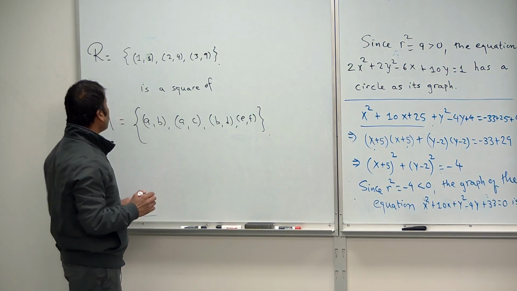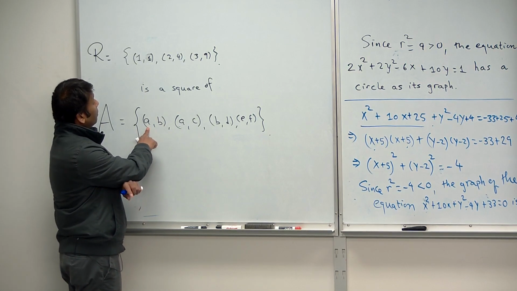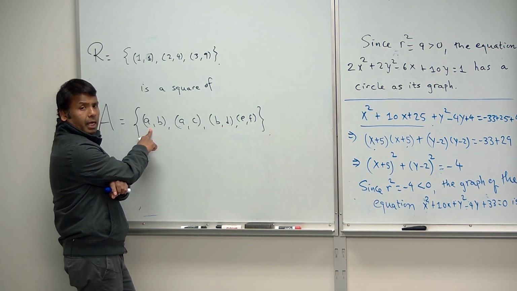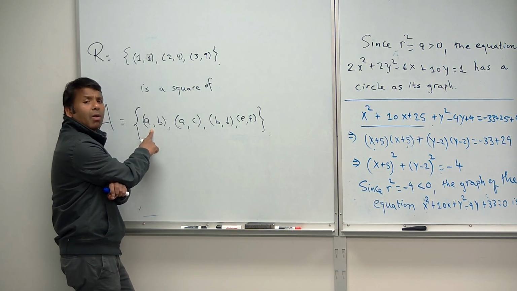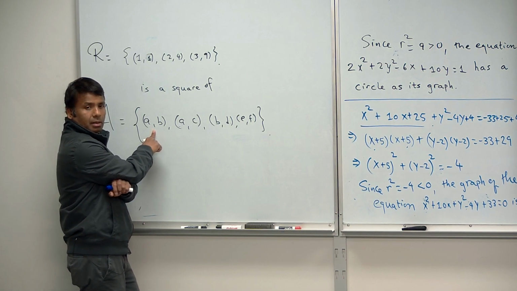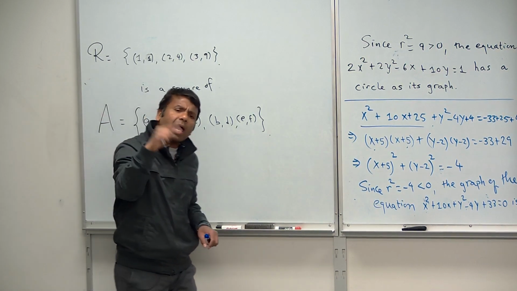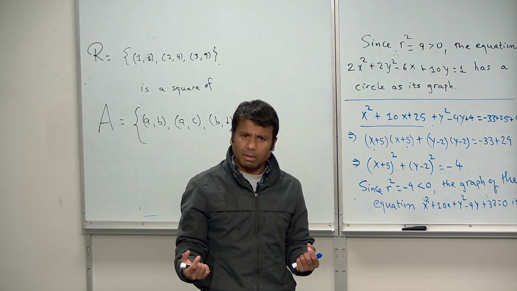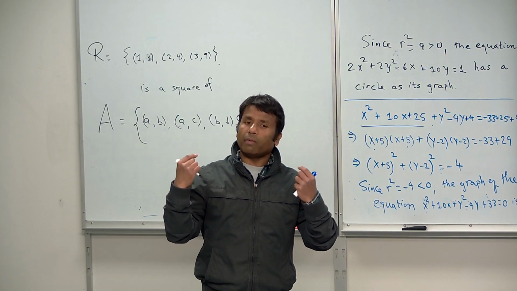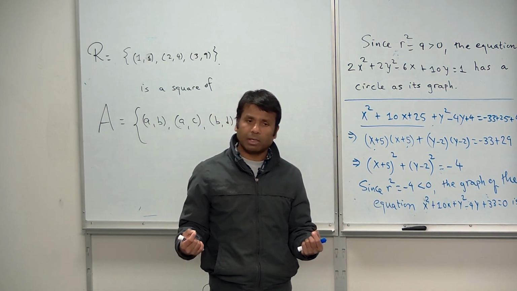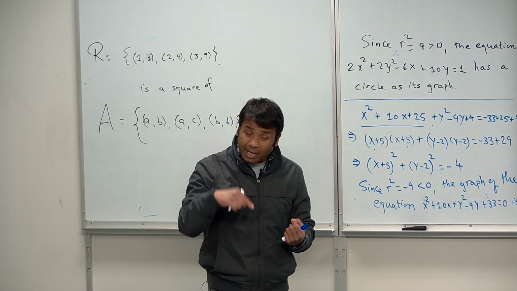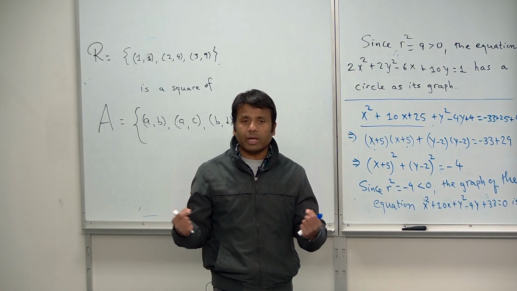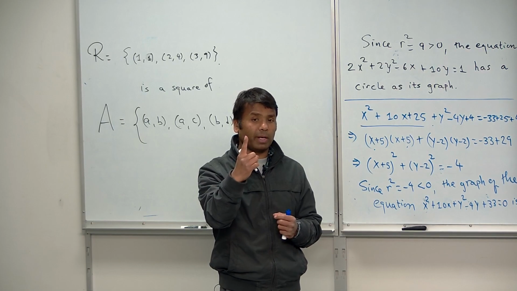Now a function is a relation in which for each distinct value of the x component, there is exactly one value of the y component. You see what I'm talking about, right?